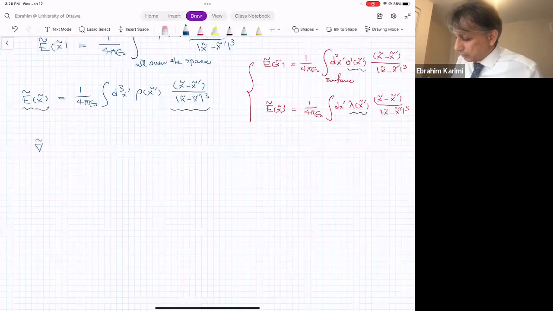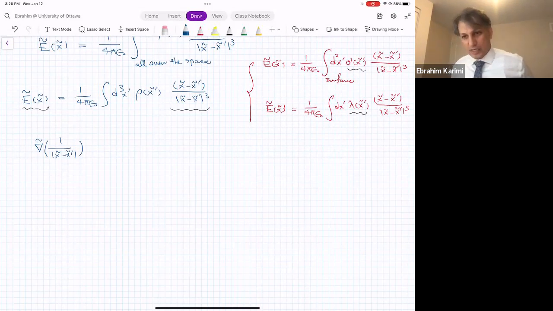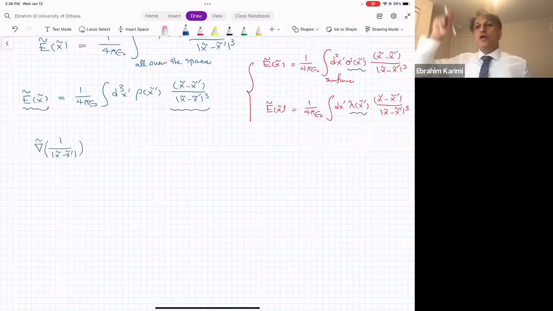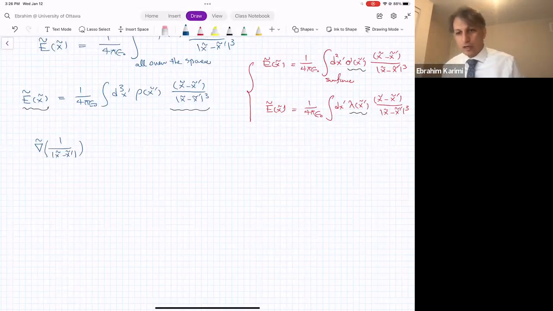Can you do the calculation of the gradient of 1 divided by the magnitude of x minus x prime? I want to calculate the gradient of a scalar. This is a scalar quantity, right? 1 divided by the magnitude of x minus x prime, which is 1 divided by r. I want to calculate what is the gradient of 1 divided by r.